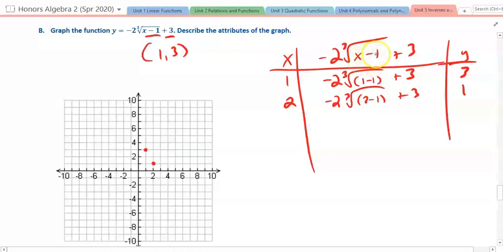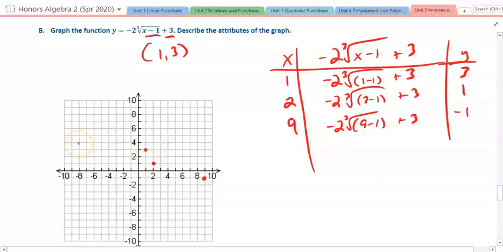My next value, again, I want 0, I want 1, I want 8, both positive and negative with cube roots. And so to get 8, I would do 9 minus 1, and so I'm going to do 9, negative 2 times the cube root of 9 minus 1 plus the 3. That gives me 8. Cube root of that is 2. Negative 2 times 2 is negative 4, excuse me. And then negative 4 plus 3 is negative 1. So I'm at (9, -1).